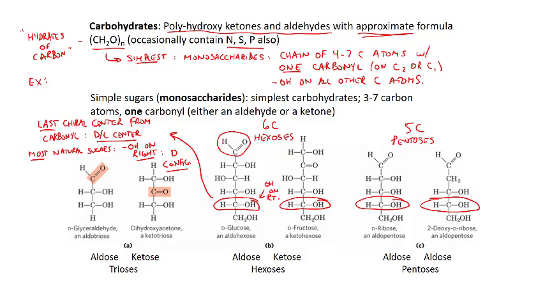For carbohydrates, it's the D configuration that you almost always see. And it always means that if you draw your Fischer projection properly, which is with the carbonyl group at the top or near the top, then the last chiral center, if it has the OH group on the right, that means it is a D carbohydrate. And in fact, almost all naturally occurring sugars on this planet have the D configuration.